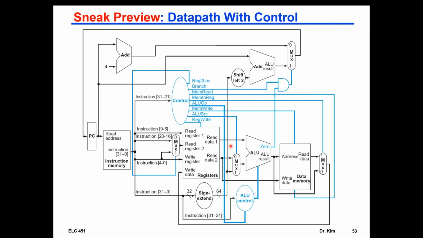So here we are doing the multiplication times 4 and going into this adder that is going to add the program counter with the immediate field multiplied times 4, and it goes into the mux here. The controller knows that if we have a branch and we have a 0 out of the ALU, then we're going to take the branch. So it's going to force the next value of the program counter from this input of the mux.